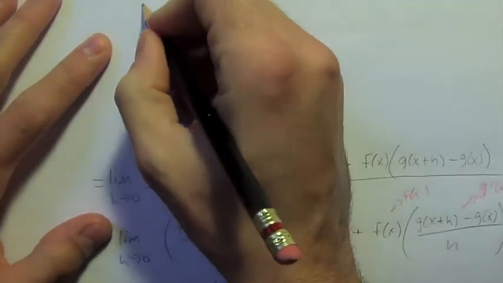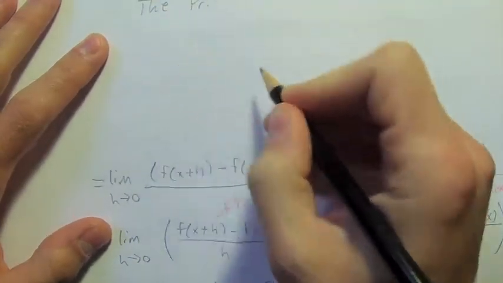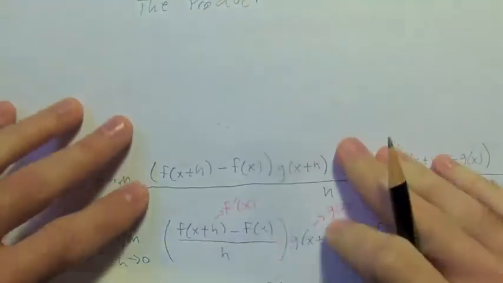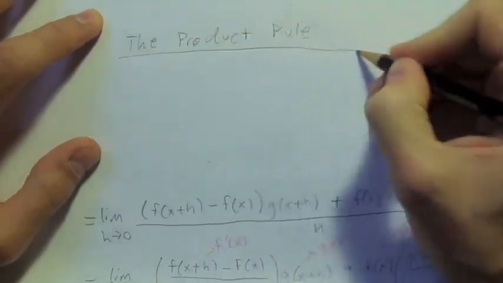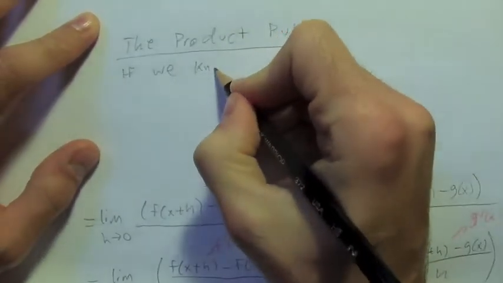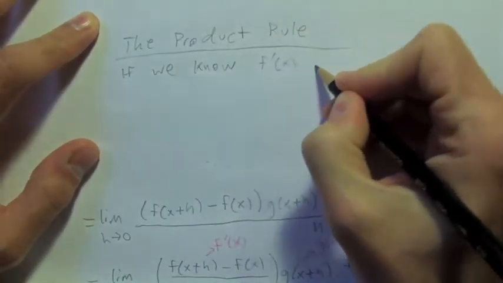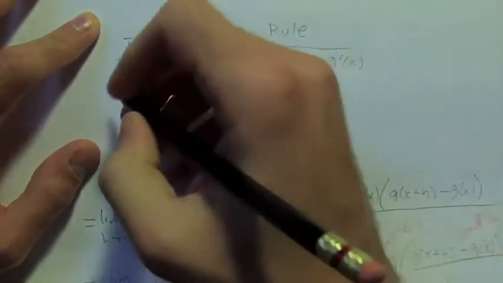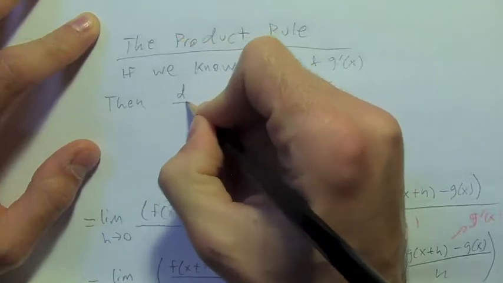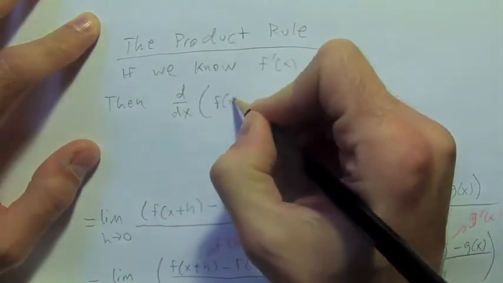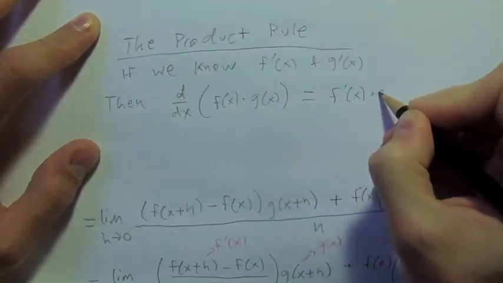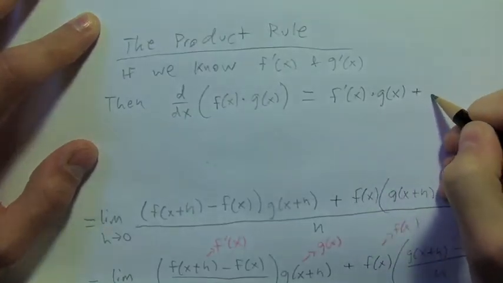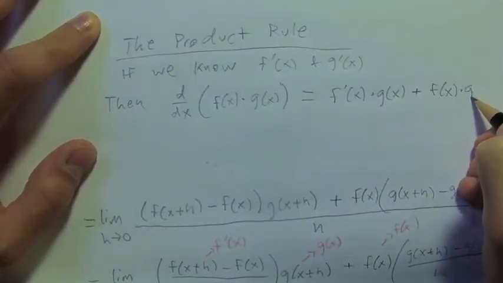Okay, so the product rule basically says that if we know f prime of x and g prime of x, then the derivative with respect to x of f of x times g of x is f prime of x times g of x plus f of x times g prime of x.